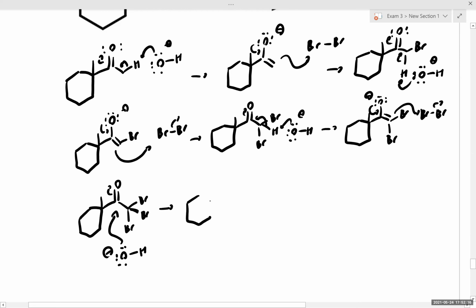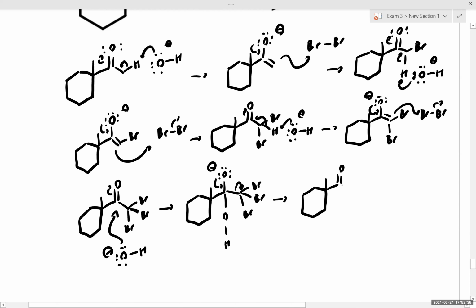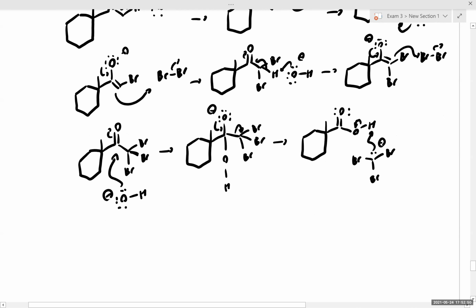We generate a tetrahedral intermediate. And this time we can kick out our leaving group, which is an equivalent of haloform anion. And as the key final step that drives this reaction to completion, our equivalent of haloform anion is going to deprotonate our carboxylic acid.